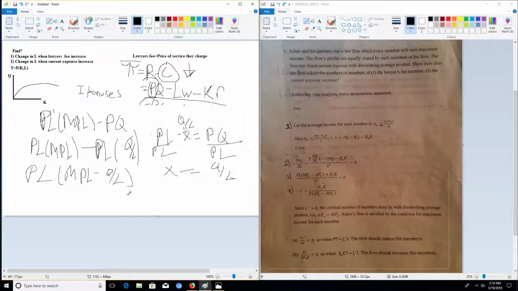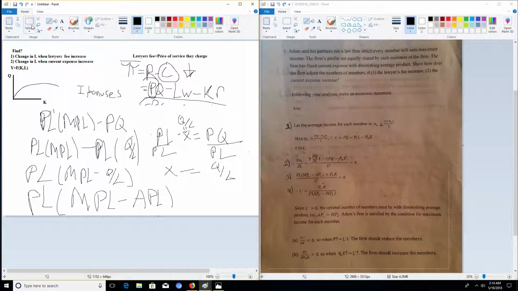And what is Q sub L? This is output per labor, and that is average product. So finally, this turns into MPL minus APL, and that is how he got that in the denominator.